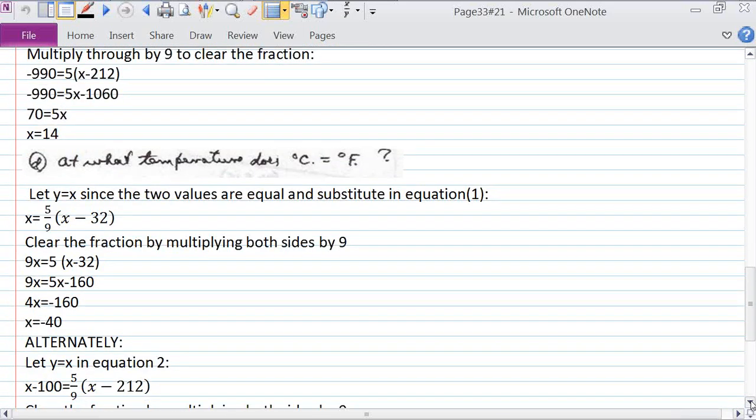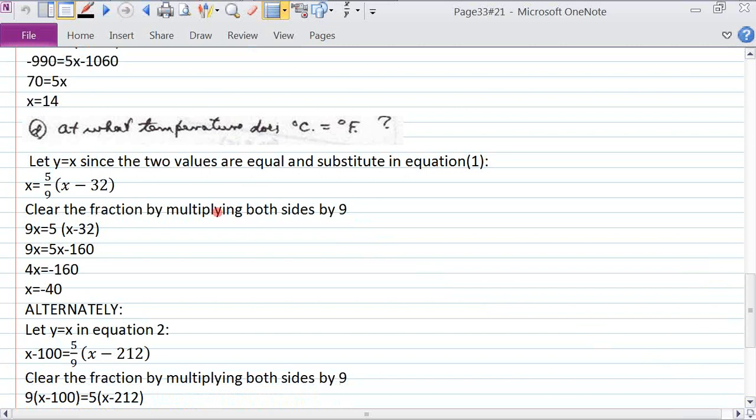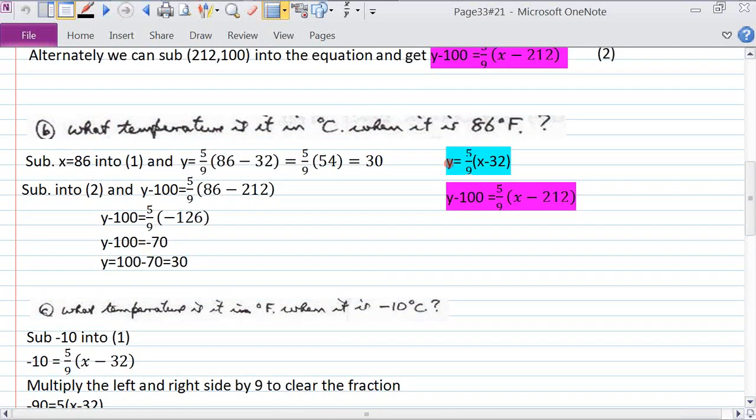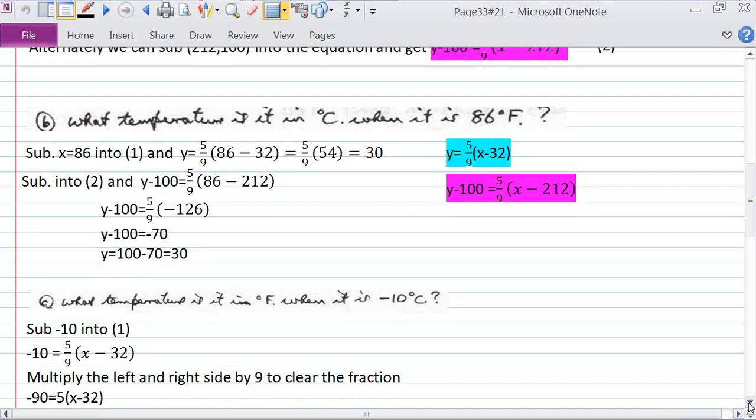The last part of this problem: at what temperature are the two scales the same, what is the value that makes both scales the same? So what we're saying is y equals x, since the two values are equal, and I substitute that into equation 1. We put this equal to x because we're saying that y equals x.